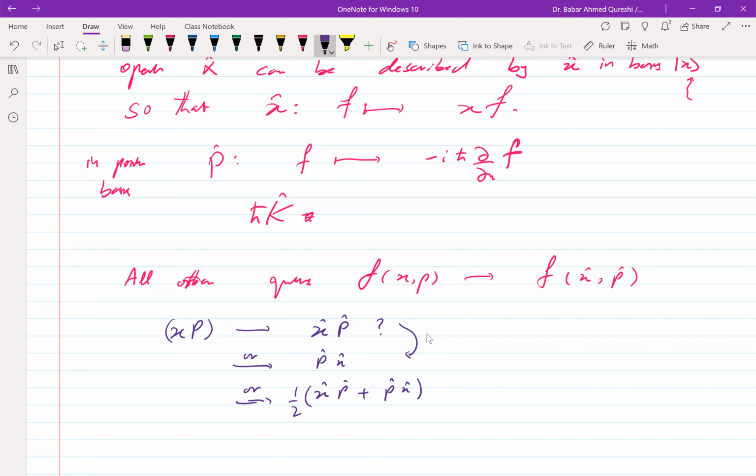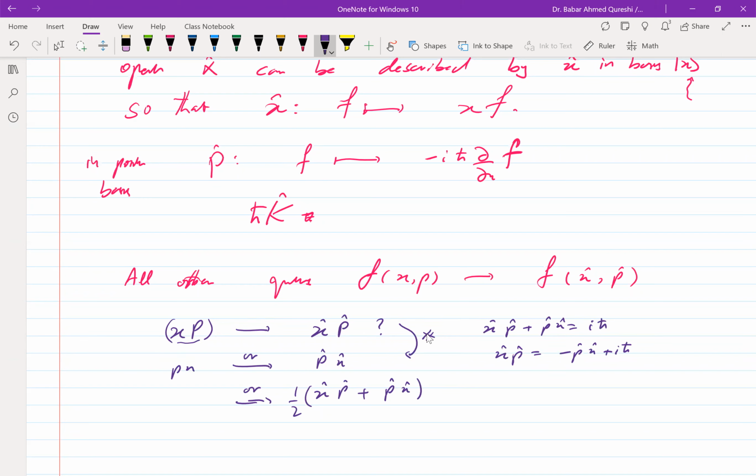This is not equal to this because x hat and p hat do not commute. x hat p hat plus p hat x hat is equal to iota h bar. So x hat p hat is equal to minus p hat x hat plus iota h bar. They're not equal, but classically the order doesn't matter. These are just some variables.